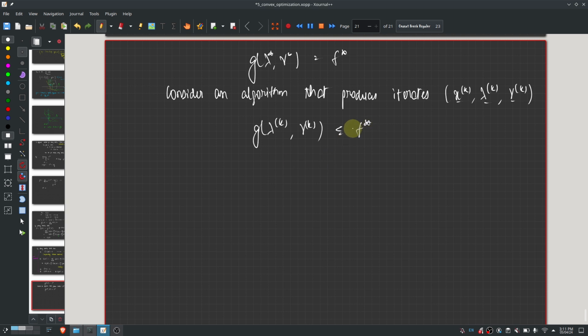Let me just add f0 of xk on both sides. So f0 of xk plus g of lambda k, nu k is going to be less than or equal to f0 of xk plus f star.